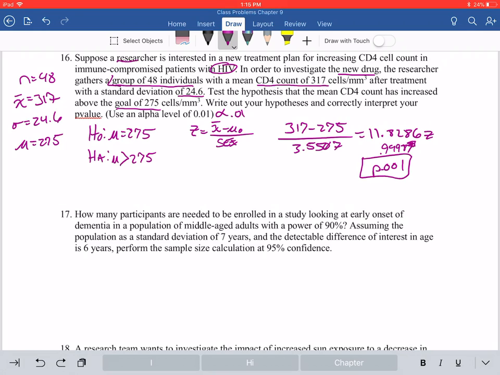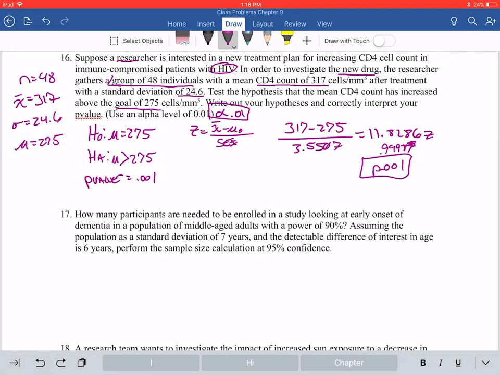In actuality, this will be a much smaller p-value, but we don't know the exact value of it without statistical software, so we'd state our p-value equals 0.001. We look at our alpha level here, alpha level of 0.01.